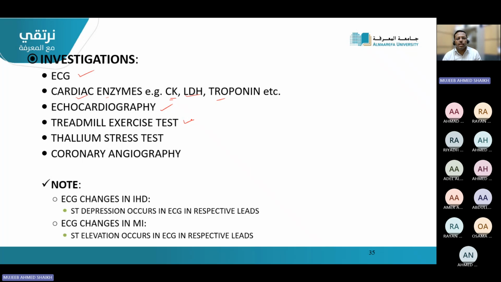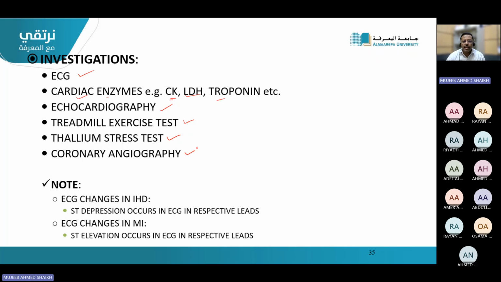Even in some normal cases, a treadmill test, where the person is running on the treadmill with the ECG leads, can show decreased blood flow in the ECG while exercising; that is the treadmill exercise test. Thallium scan is the one where the drug thallium, a radioactive substance, is given, and you visualize the distribution of the drug.